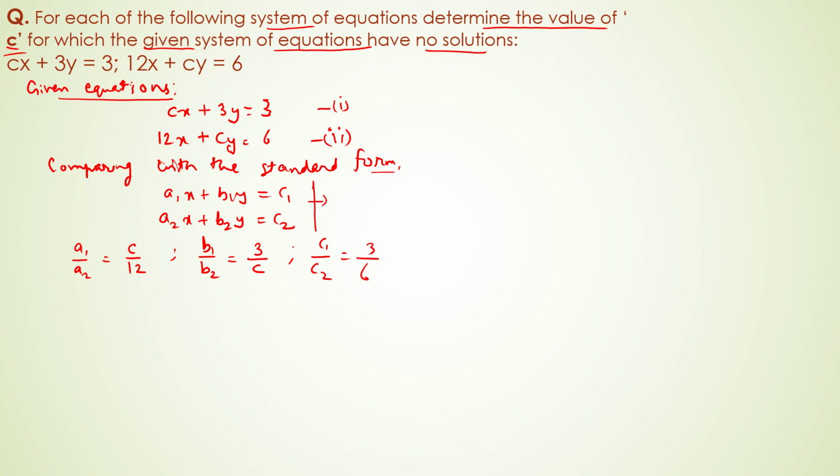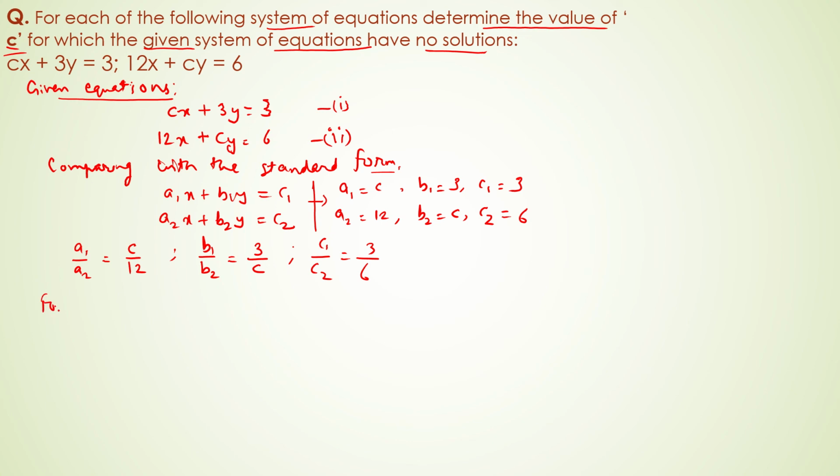From the equations, we had a1 as c, b1 was 3 and c1 was again 3. a2 was 12, b2 was c and c2 was 6.